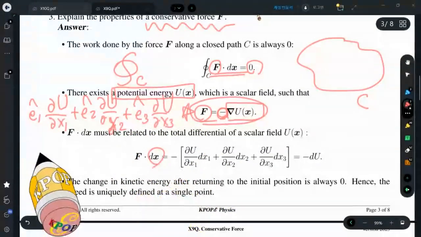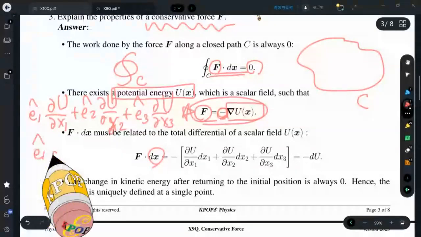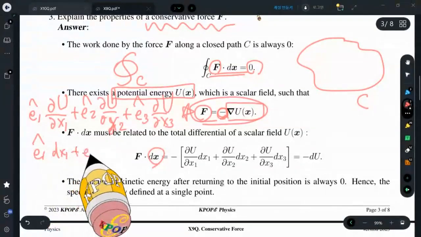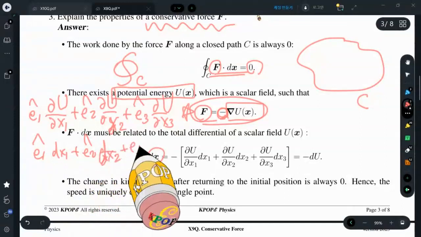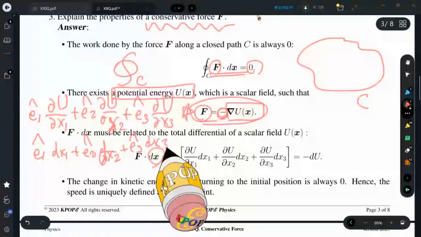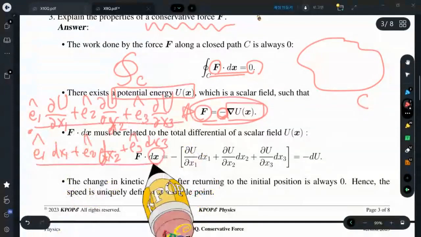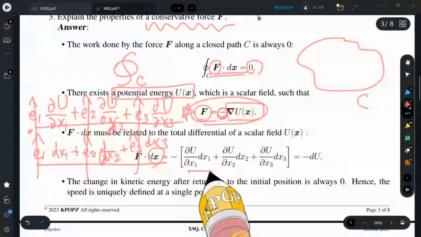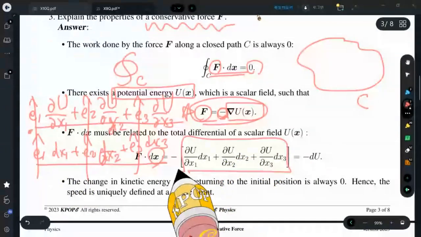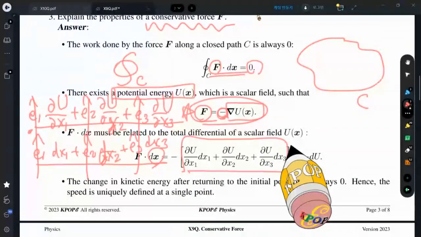And what is dx? dx is e1 dx1, e2 dx2, and e3 dx3. If I take the scalar product, the final result is this. You are familiar with the one-dimensional chain rule.